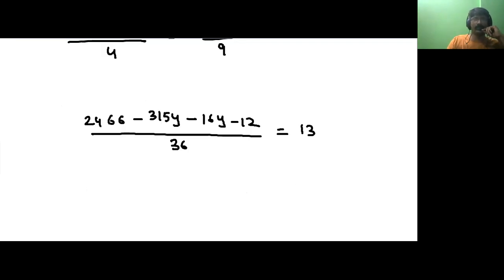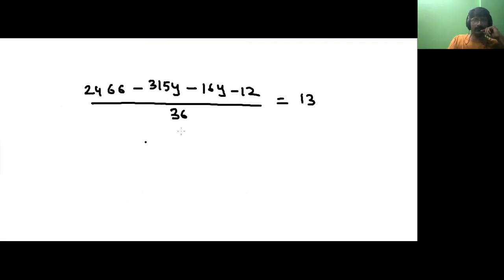And now it's simply finally concluding this step. So 2466 minus 12, this will become 2454.